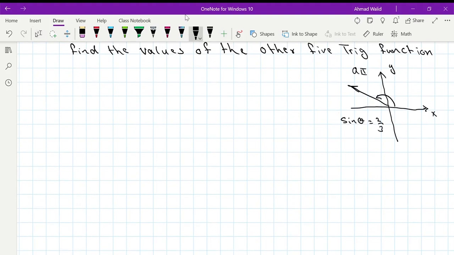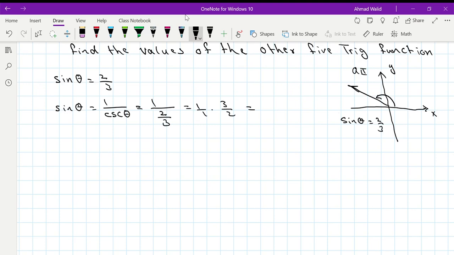Now, I need to find cosecant. Cosecant theta equals 1 over sine theta, correct?